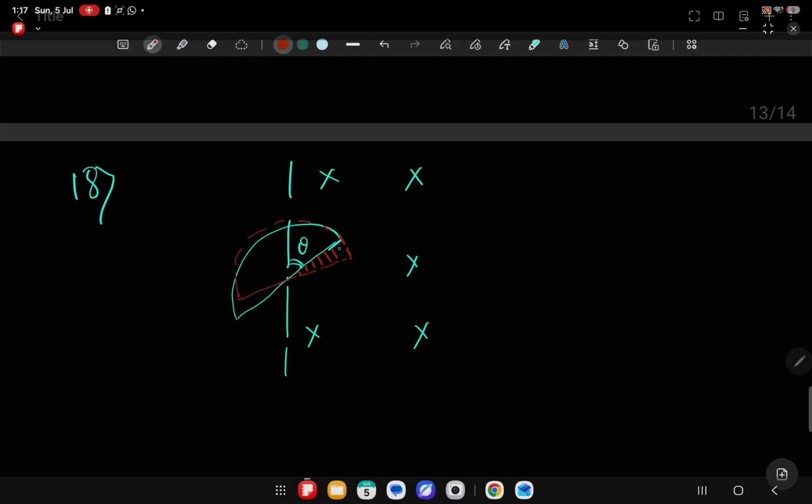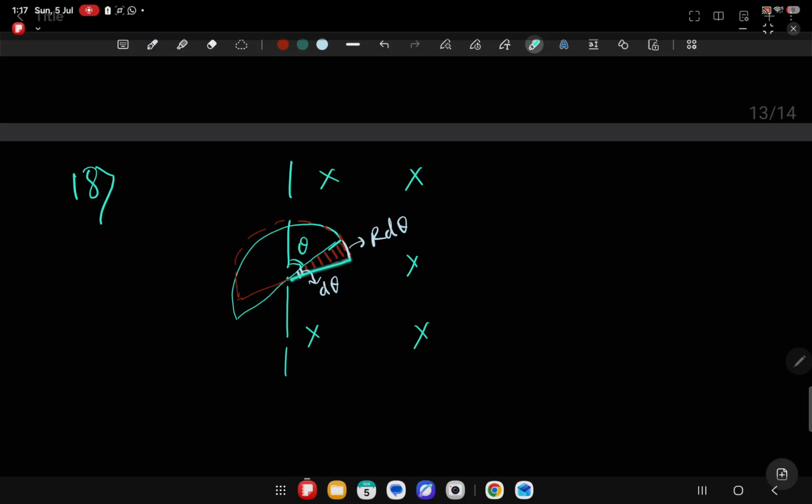How much more area is entering the field? This much. What is this angle? This angle is d theta. If this is d theta, this arc length is r d theta. Now actually this is basically a triangle. What is the area of this triangle?